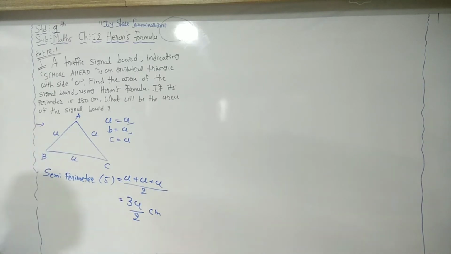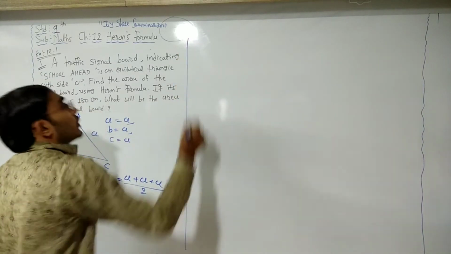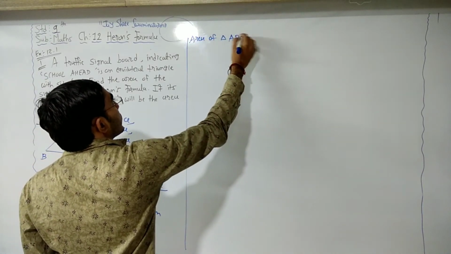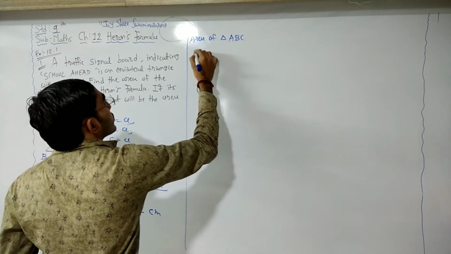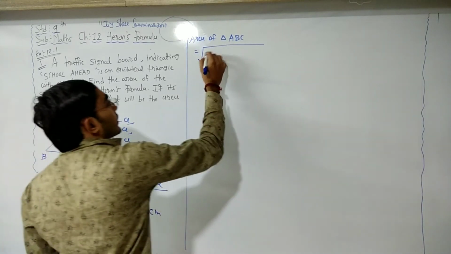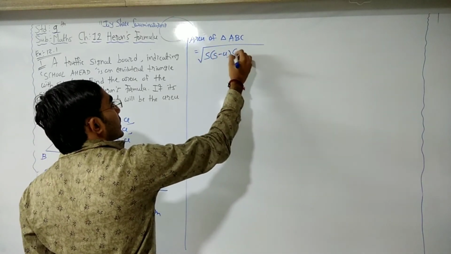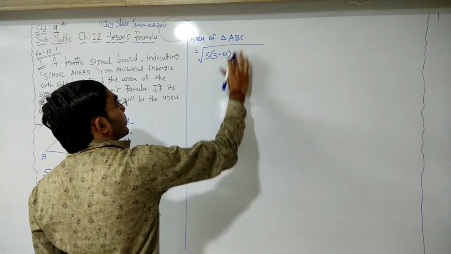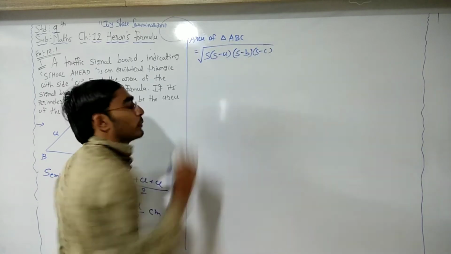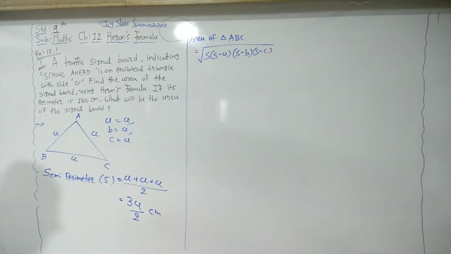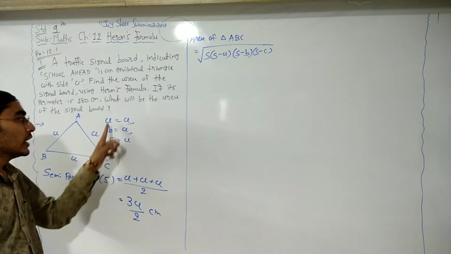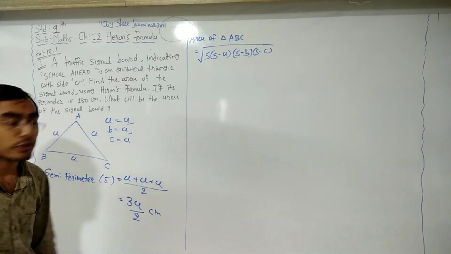Now we can use Heron's formula. Area of triangle ABC is equal to root of S into S minus a, then S minus b, and S minus c. This is Heron's formula for finding the area of a triangle. The value of semi-perimeter S is 3a by 2, and a, b and c are all equal to a.